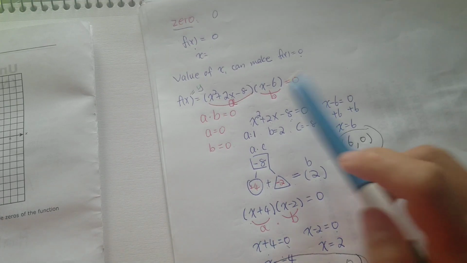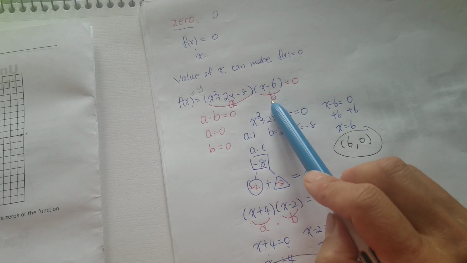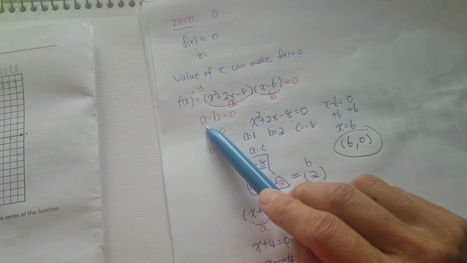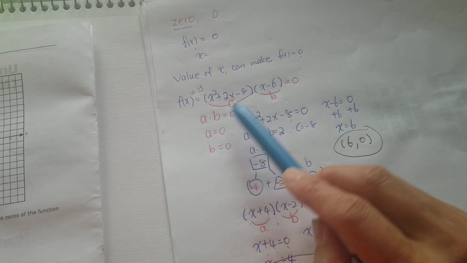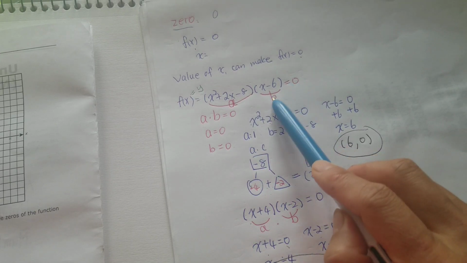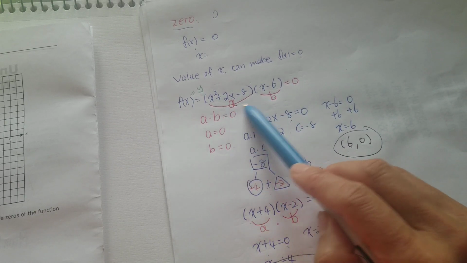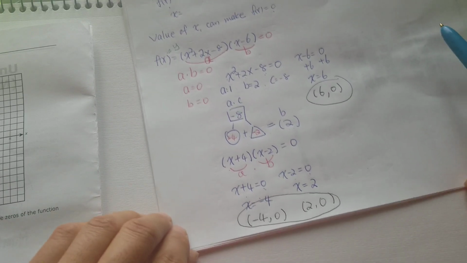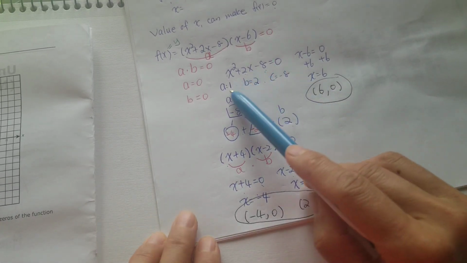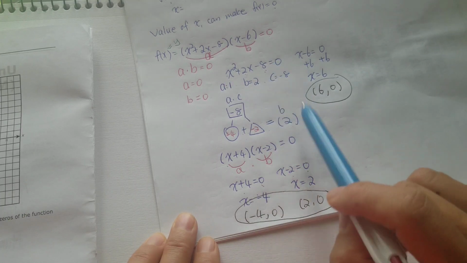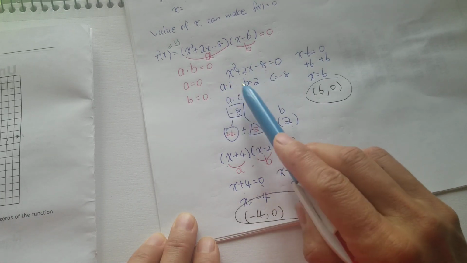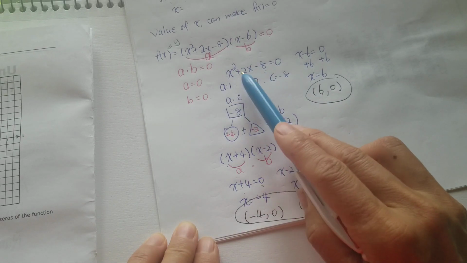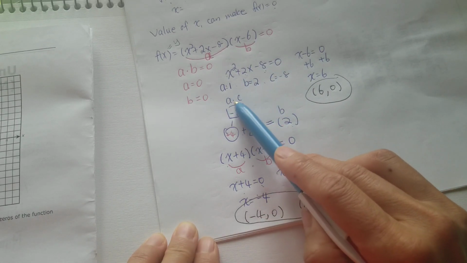So, in order to solve it, you need to apply the zero product rule, which means if A is 0, the product equals 0. If B is 0, the product equals 0. And then you break it down and solve them separately.